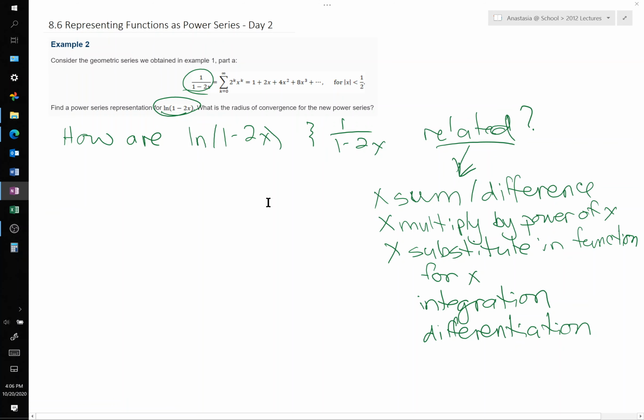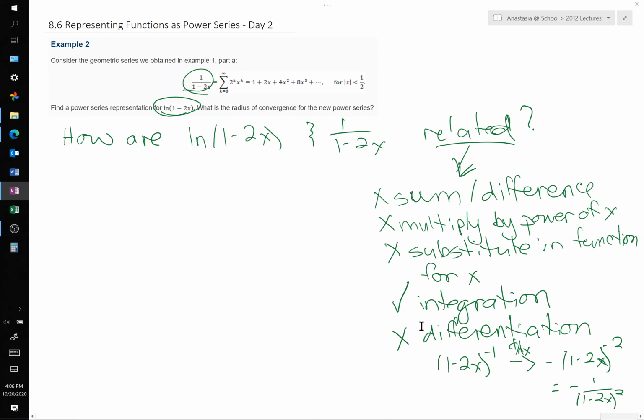And in this case, the correct option is integration. If we were to differentiate 1 over 1 minus 2x, we could write that as 1 minus 2x to the negative 1. If we differentiated this, it will give us a negative 1 minus 2x to the negative 2, or negative 1 over 1 minus 2x squared, which is definitely not what we have.